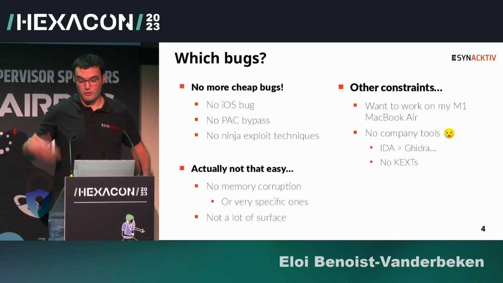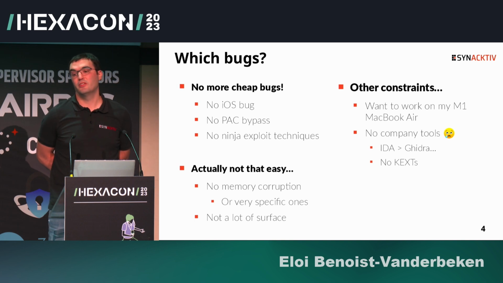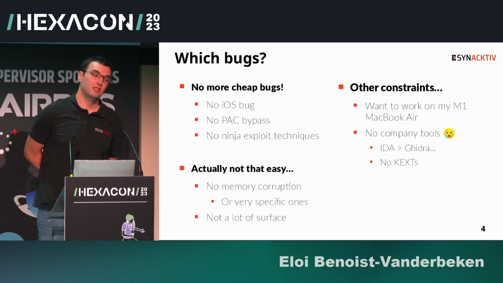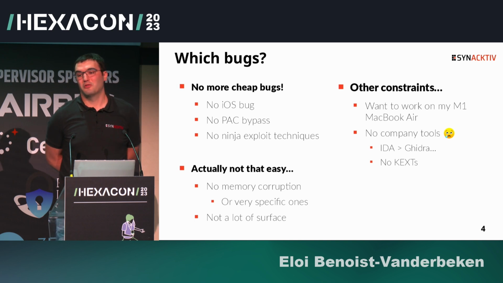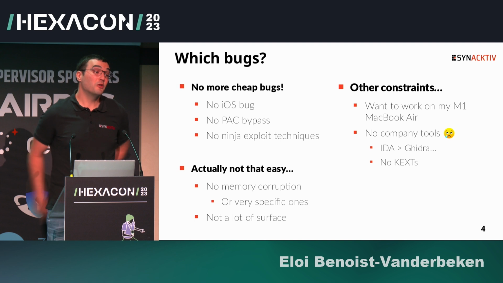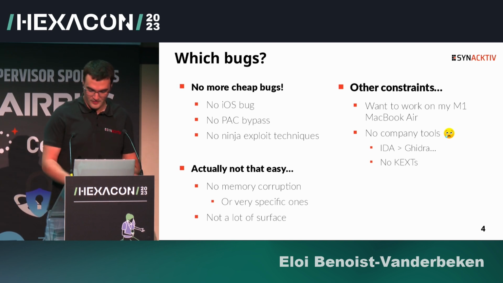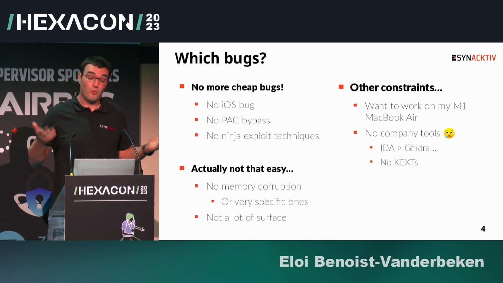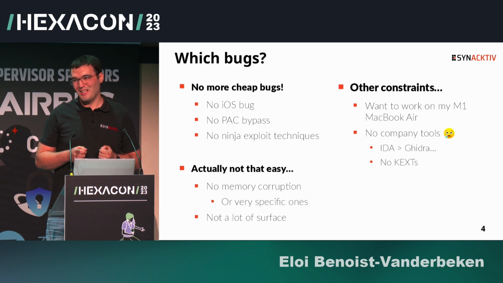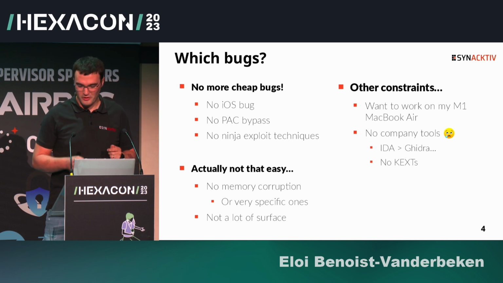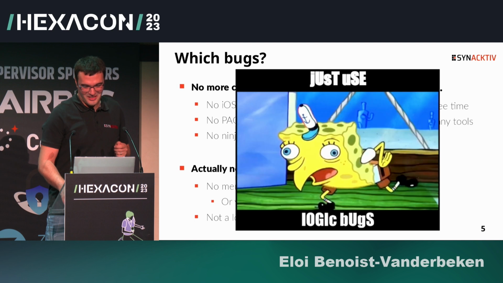So I decided to do the research on my own MacBooks, but that means no company tools, so no IDA, and I didn't want to use Ghidra because I'm lazy. So no kernel extensions.